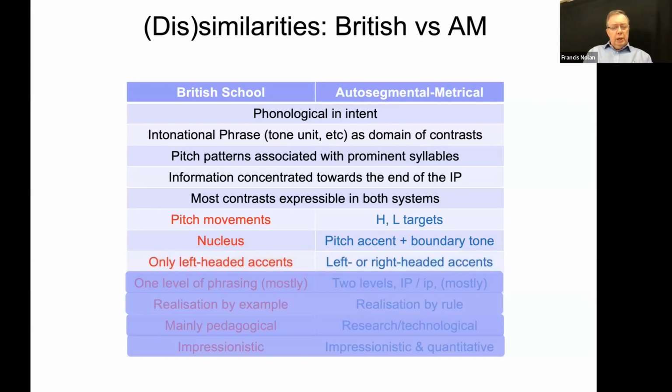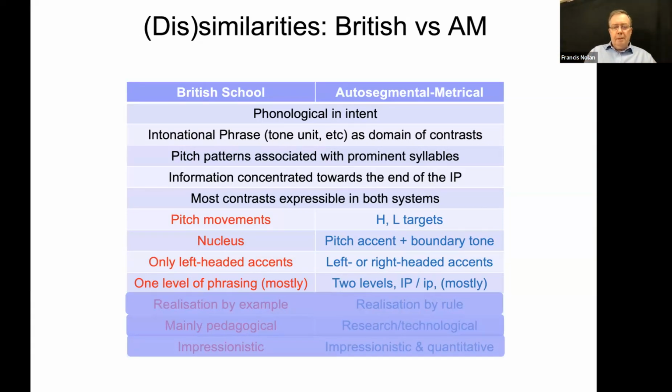British school only allows left-headed accents, meaning that the pitch pattern starts on the accented syllable, whereas AM allows left or right-headed accents. British school usually only allowed one level of phrasing, so a unit called the tone unit or the intonational phrase.